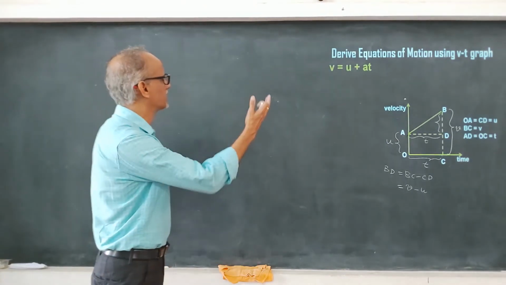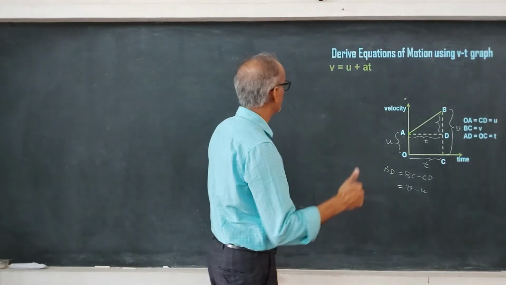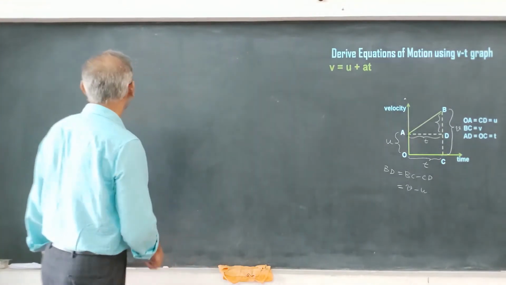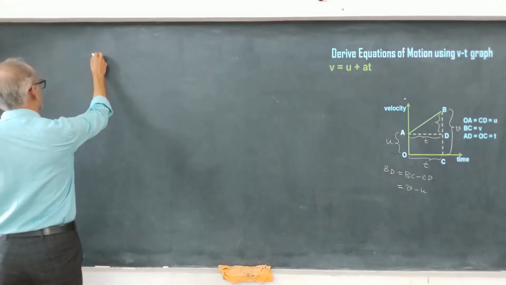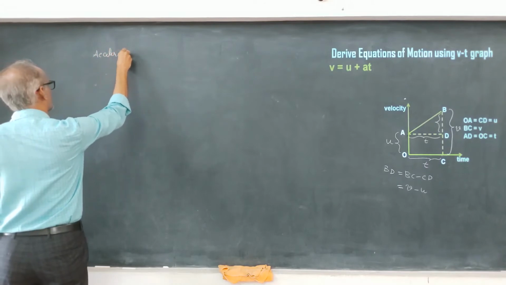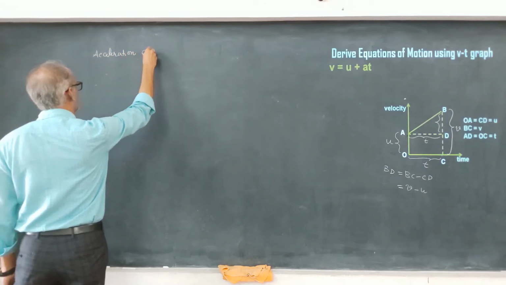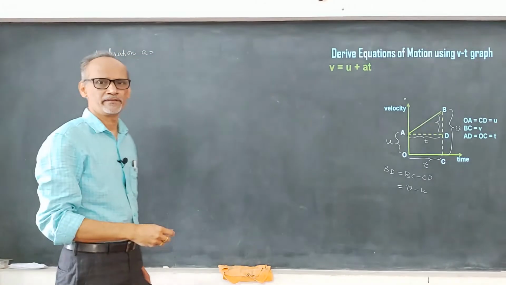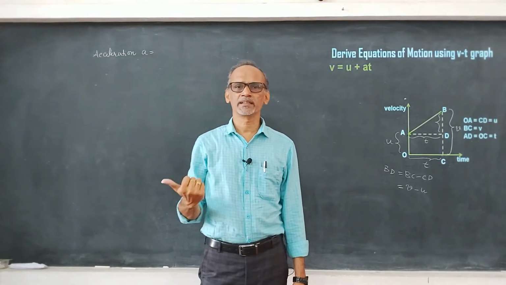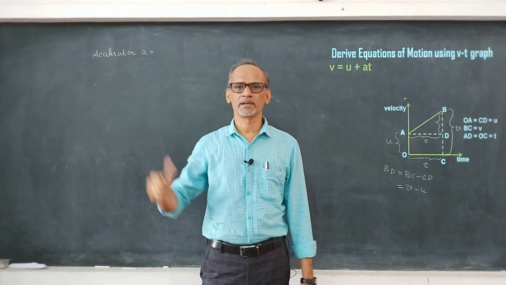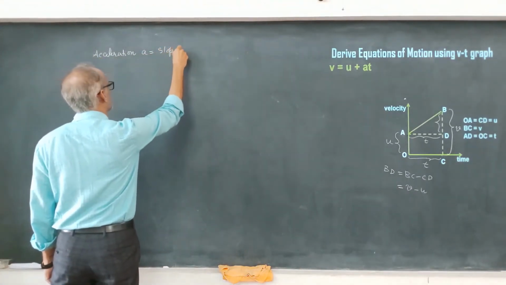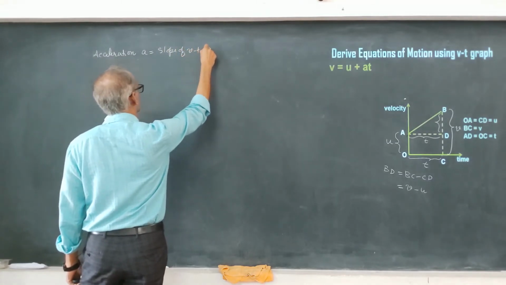I want to find the relation between final velocity, initial velocity, acceleration, and the time. For that, I am going to consider the first point: how to find acceleration in the VT graph. I had mentioned it. To find the displacement, find the area below the VT graph, and to find the acceleration, you have to find the slope of the VT graph.